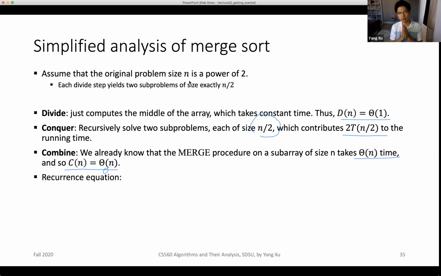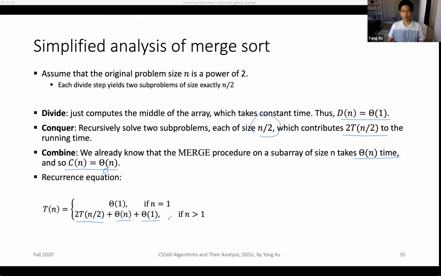Now we can rewrite the recurrence equation for merge sort into this form. Here there are no A's and B's; there are 2 and 2, big theta of n, and big theta of 1, which is a constant amount of time. It's a much nicer form.